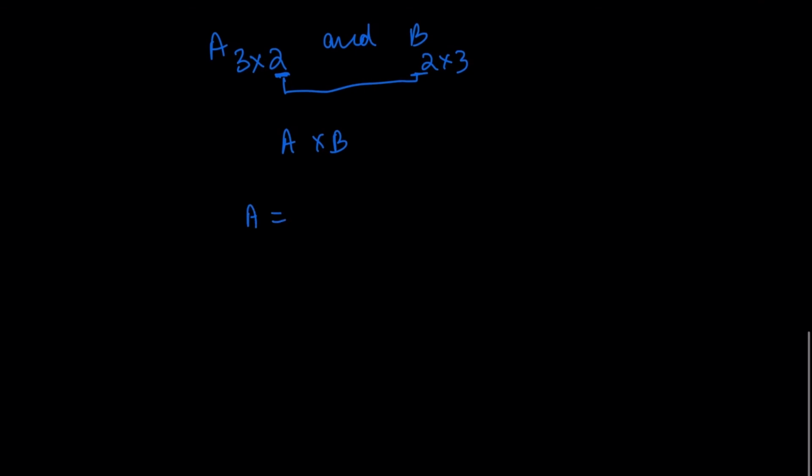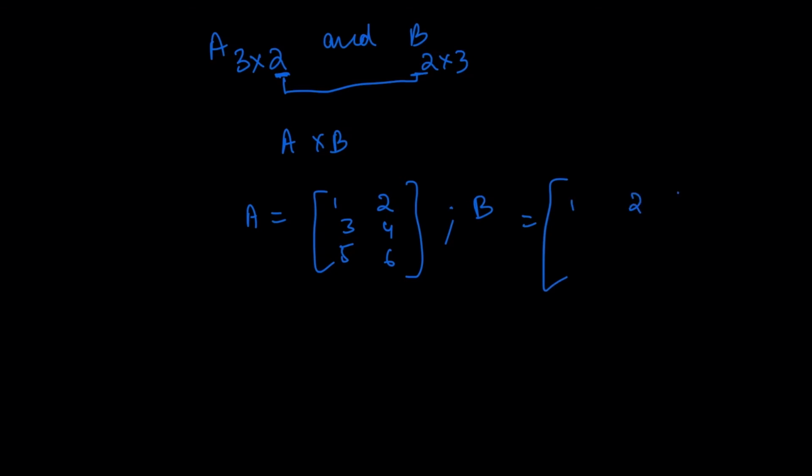So let us take a matrix A where we have 3 rows and 2 columns, 1 2 3 4 5 6, and matrix B where we have 2 rows and 3 columns, 1 2 3 4 5 6, right?